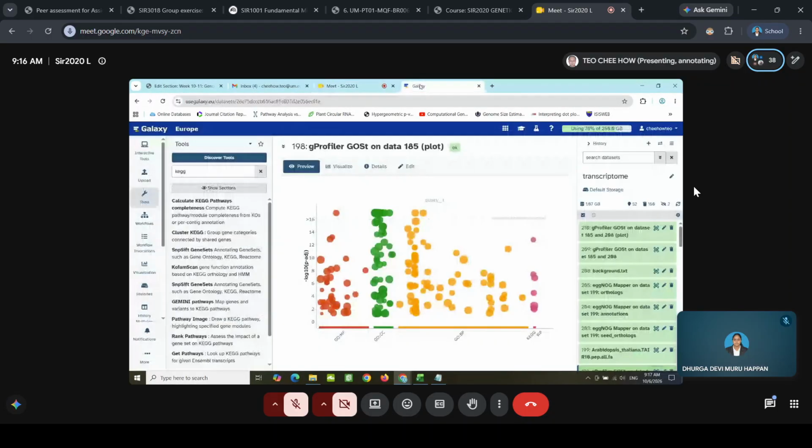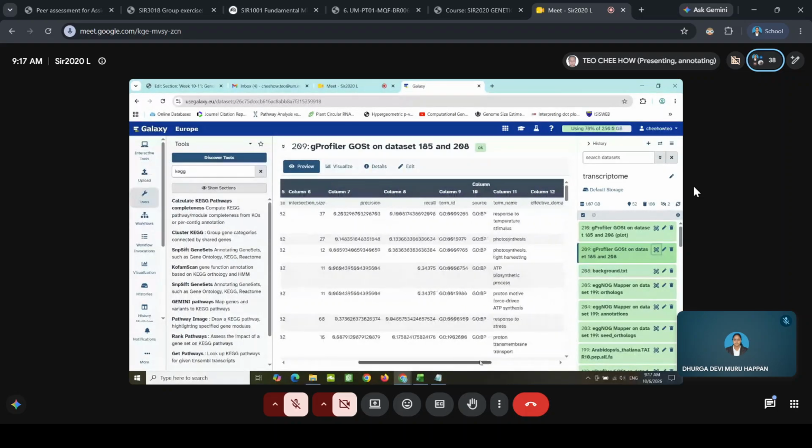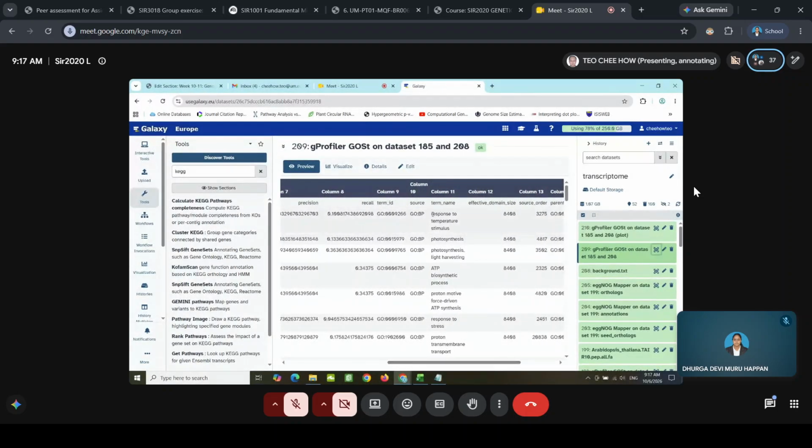Let's say, for example, I ask which pathway was affected by, in this case, for example, heat stress, right? Then you need to show me your outputs, like this case. So you can explain, maybe your answer is, okay, it's the pathway response to stimulus, right?